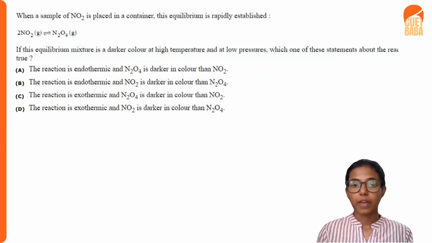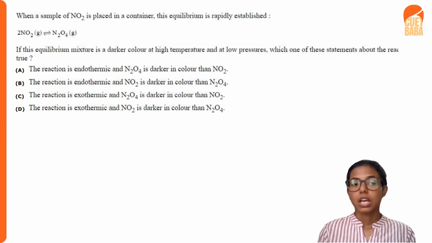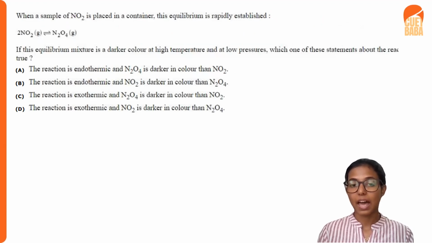Next question. When a sample of NO2 is placed in a container, this equilibrium is rapidly established: 2NO2 changes to N2O4, both in the gaseous state. If this equilibrium mixture is darker in color at higher temperature and lower pressure, which one of these statements about the reaction is true?